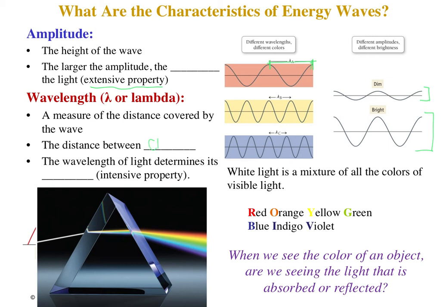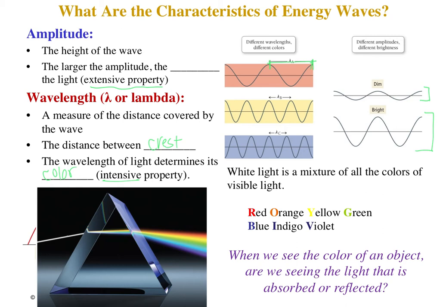So we can measure the crests or the troughs, which is the low point, and the wavelength determines its color. So we know that color is an intensive property. It doesn't change depending on how much you have. So wavelength is intensive. White light is a mixture of all of the colors of visible light.